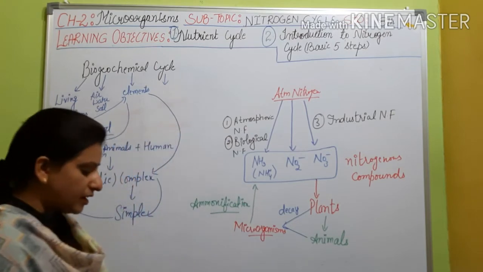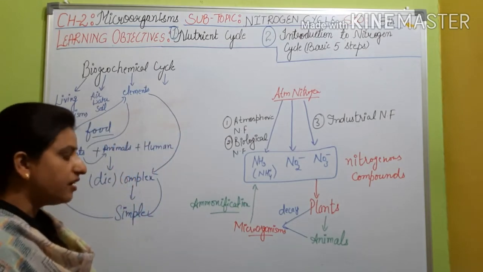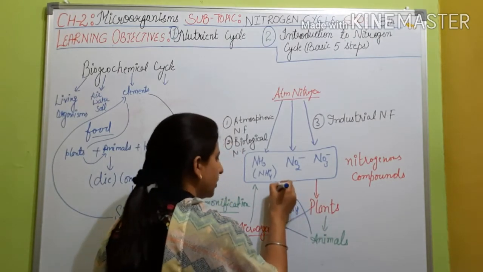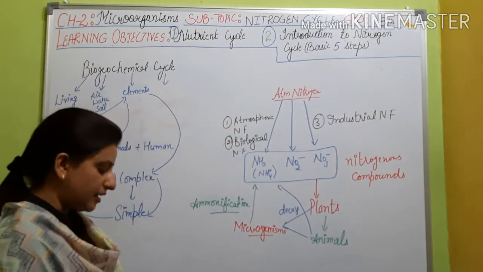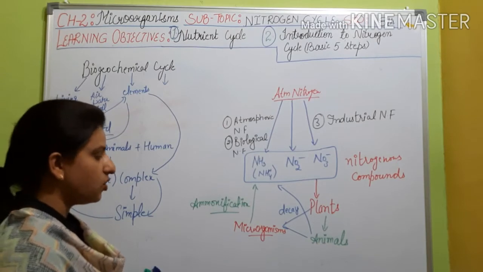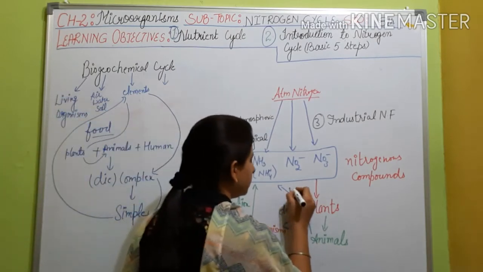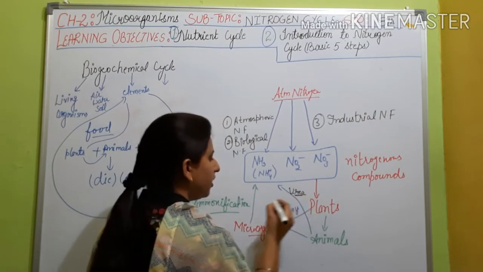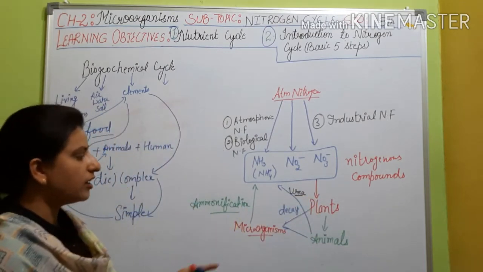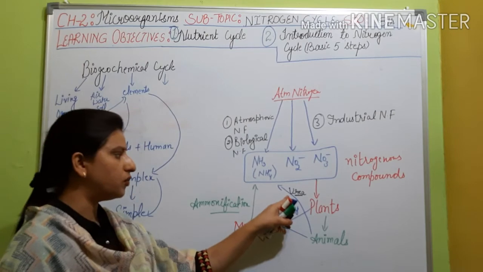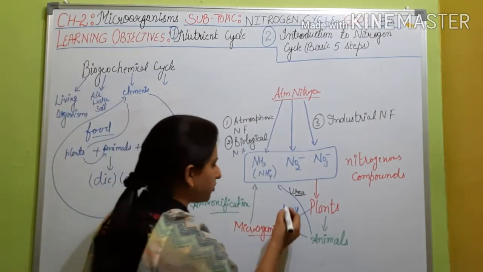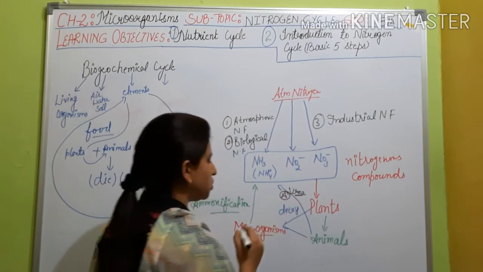Also, the animals excrete waste products. Waste comes out from their body in the form of urea. This urea is also a waste product, and later on it is also converted back into ammonia. So it is also the process of ammonification.